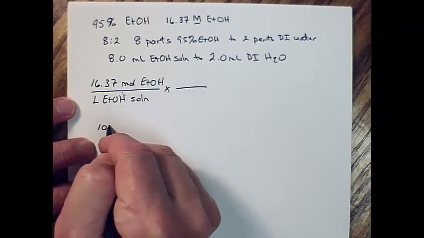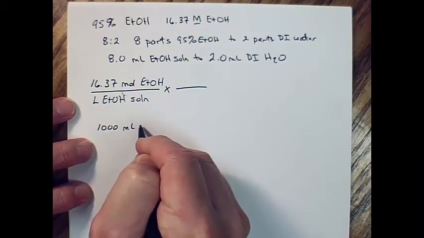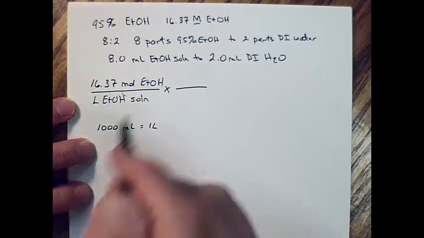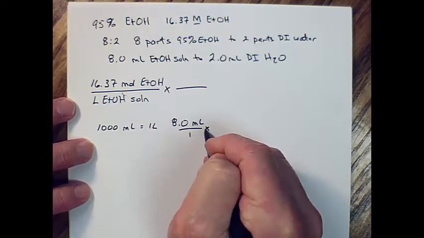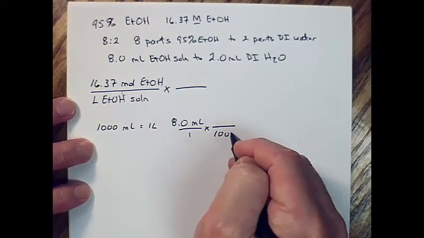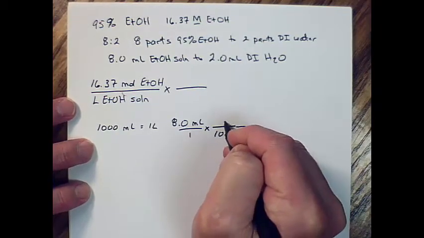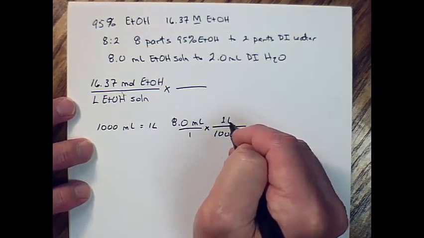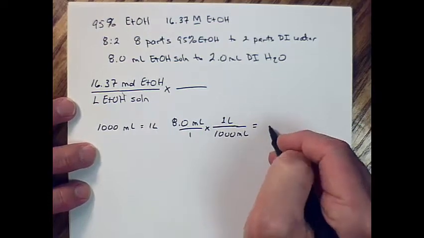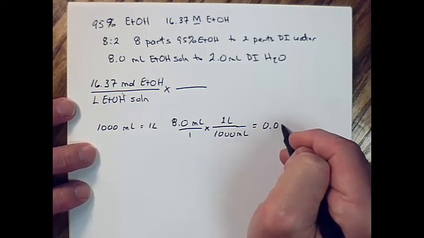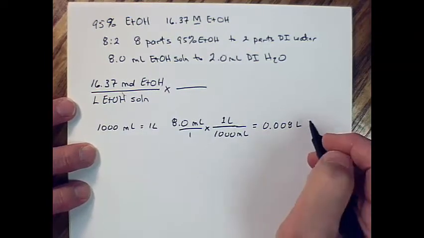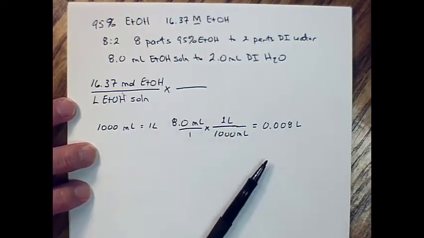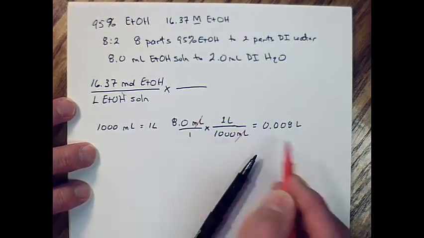Well, you know that there are 1,000 milliliters in 1 liter, so 8 milliliters is converted into liters in this fashion, and we get 0.008 liters of our ethanol solution. Milliliters canceling here.